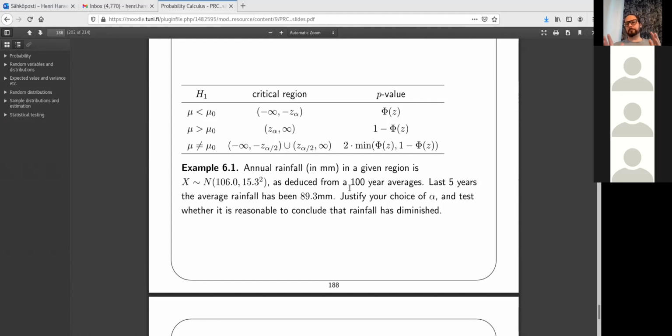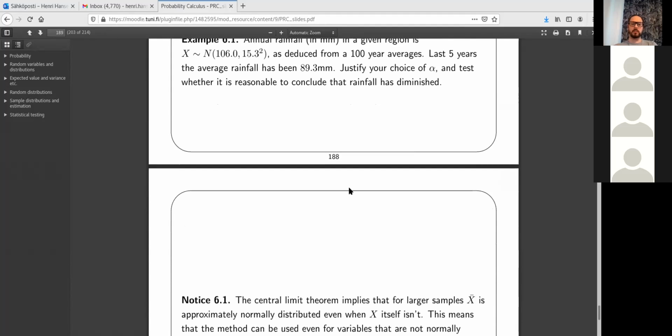So if we had this hypothesis test with, let's say, 5% margin of error, or alpha is 0.05, then we would reject the null hypothesis, and our alternative hypothesis is that the rainfall has diminished. So it's really important to understand, are we looking whether it's changed, whether it's grown, or whether it's becoming smaller? It's a slightly different kind of hypothesis then. We'll get to this.